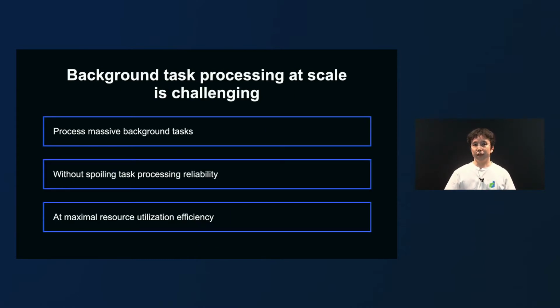Also, in service development at Line, background task processing is often utilized. It's quite challenging to process massive background tasks without spoiling task processing stability at maximum resource utilization efficiency.